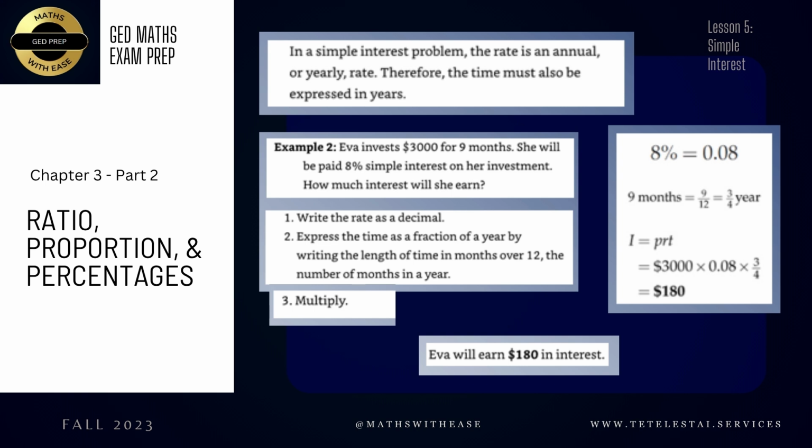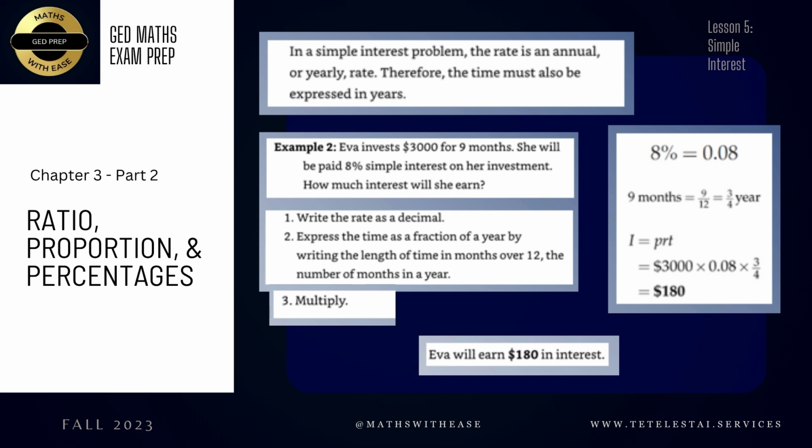Well, again, we want to start by writing our simple interest rate in decimal form. We're going to drop the percentage symbol and move our decimal point 2 places over to the left. And we have to remember, since the rate is annual, we have to express our time in years as well.